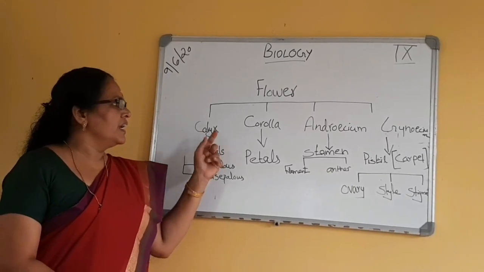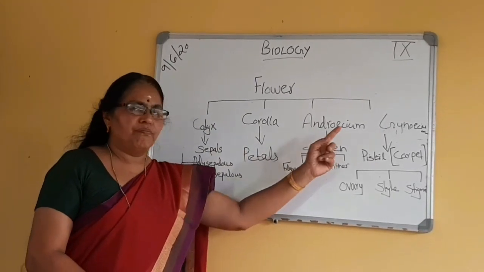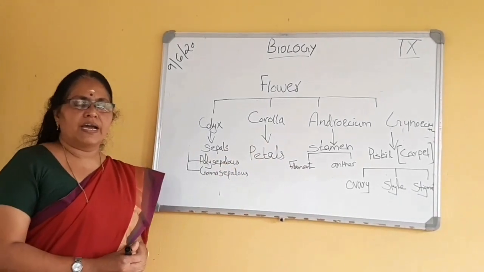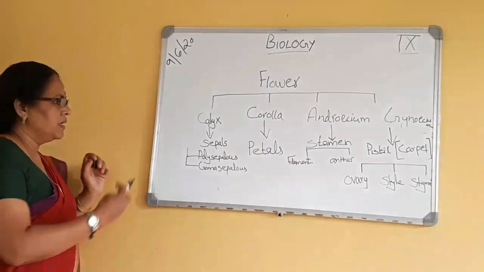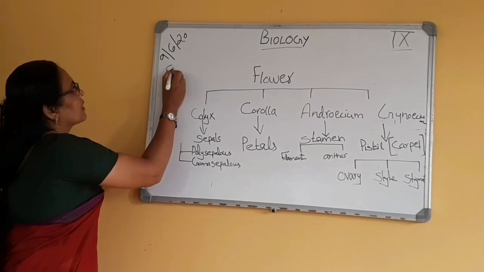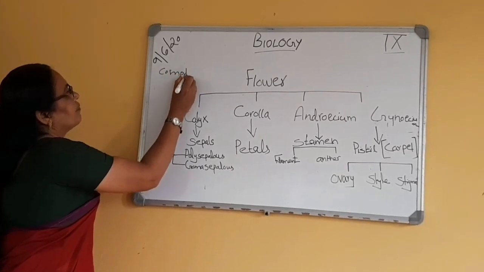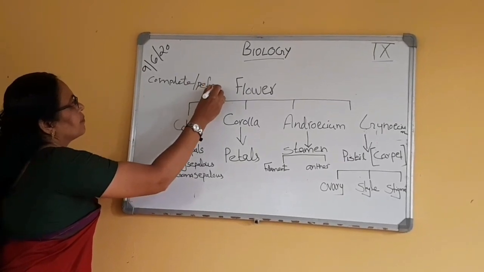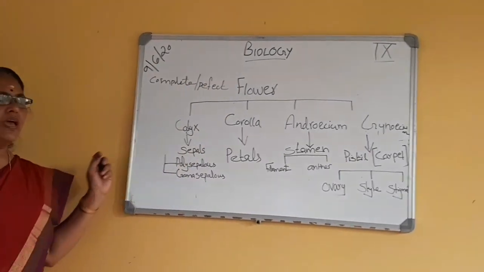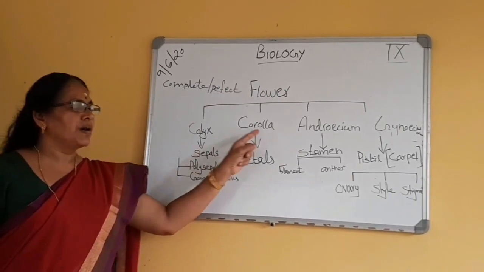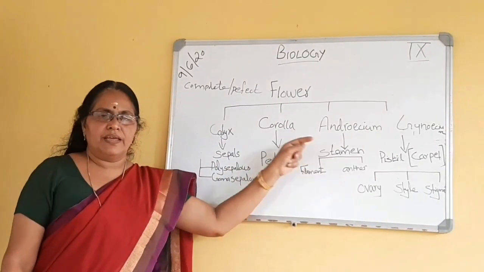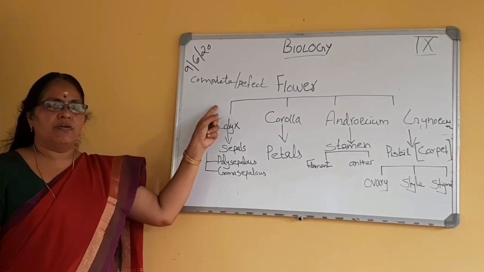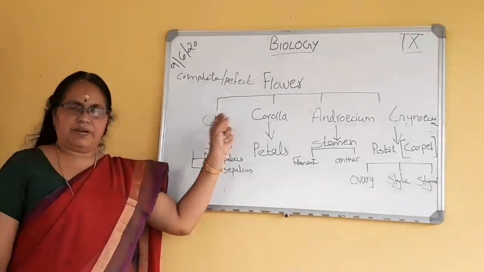If a flower contains all these four floral parts, such flowers are called a complete flower or a perfect flower. If any one of the floral parts is absent, then that flower is called an incomplete flower or imperfect flower.